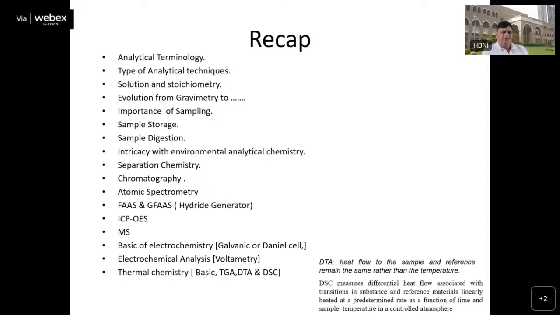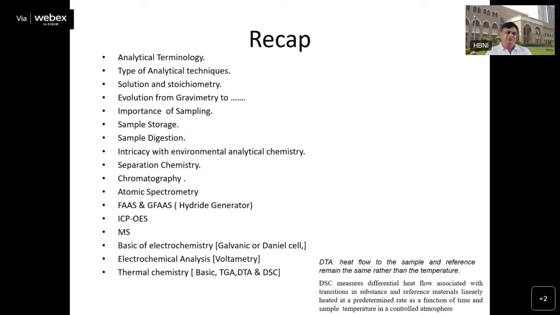Then we discussed mass spectrometry. While discussing mass spectrometry, the most important step is, again, because it is based on the m/z ratio, the first step is ionization. Once ionization has been done, the ions have to be fed into the mass analyzer.